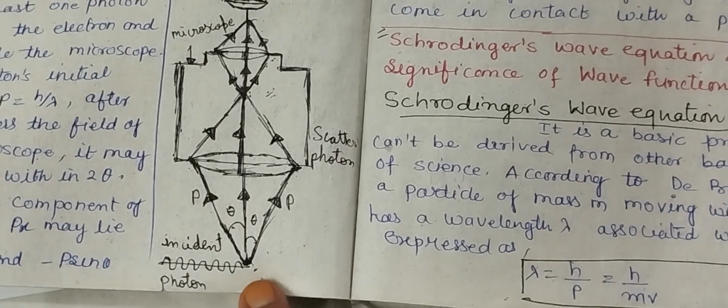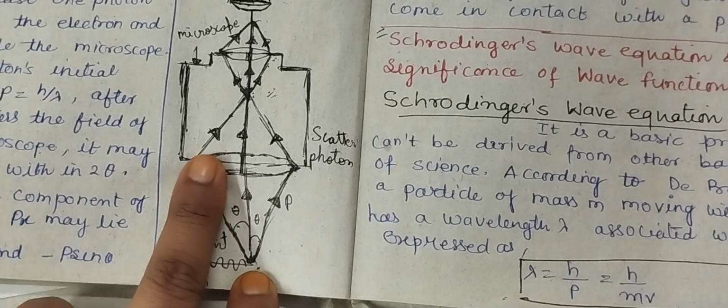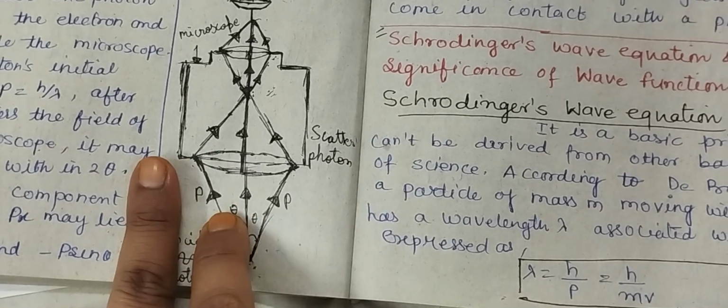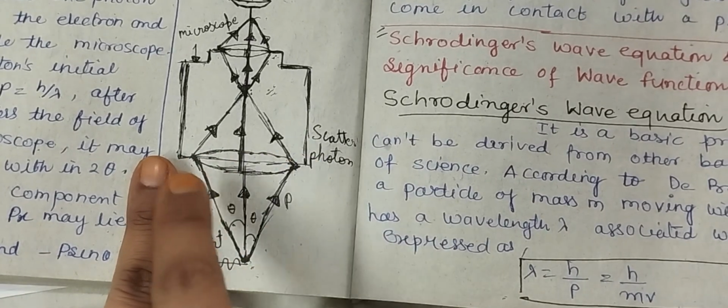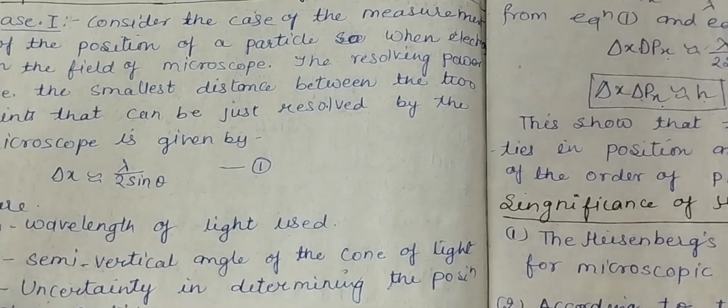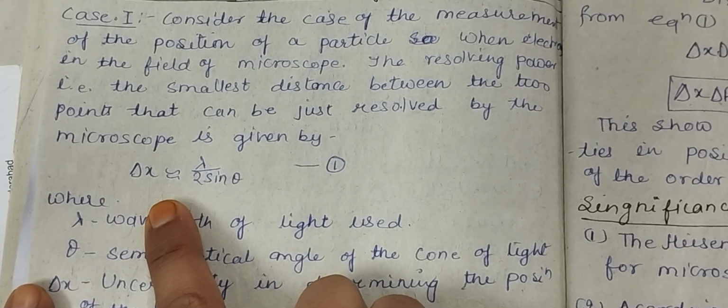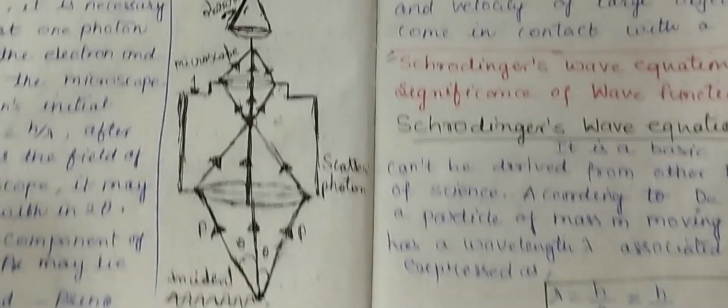Again I am explaining. See, here we have an electron, one photon is incident on it, so that the photon will scatter in one direction theta, in the other direction theta, that is plus theta and minus theta. In case 1 we have lambda upon 2 sin theta for delta x, because why 2 sin theta?